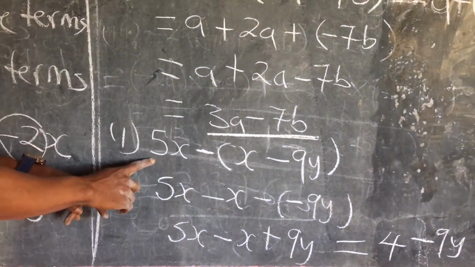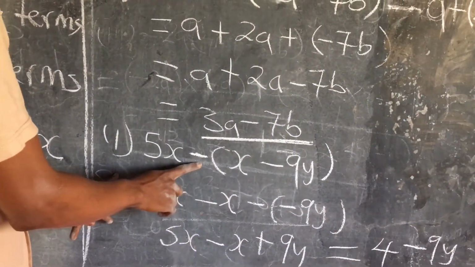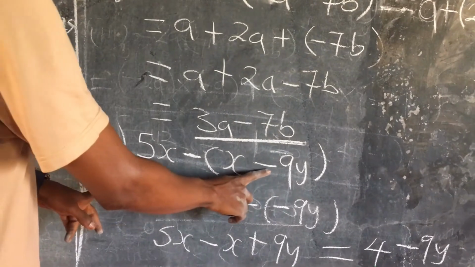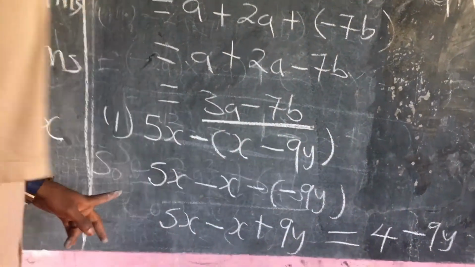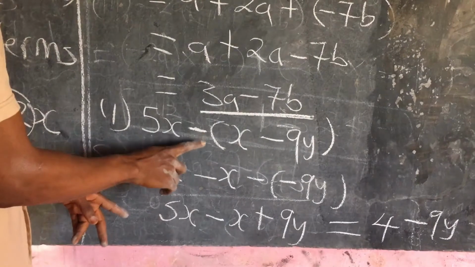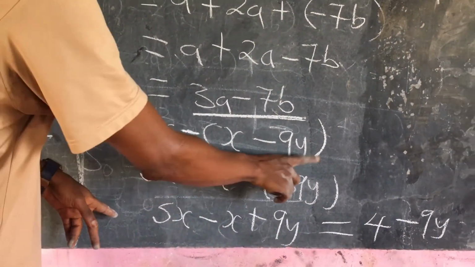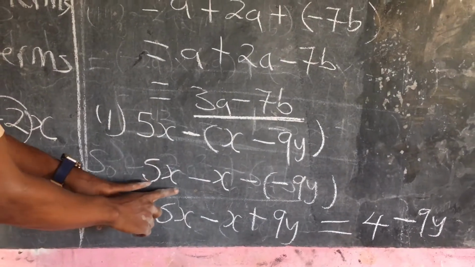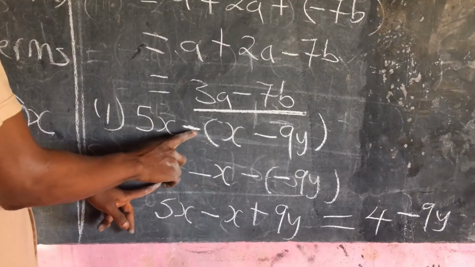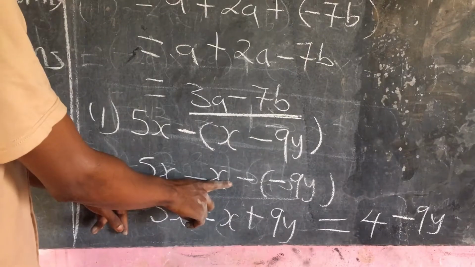For this next one, I get 5x minus bracket x minus 9y. Here I use this minus and multiply each term inside the bracket. So I get my 5x. Minus times x will give me minus x.